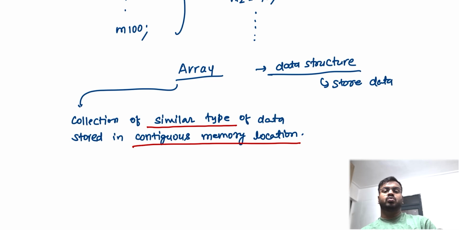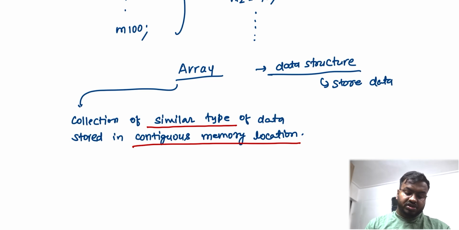It depends on you what size of array you initialize, and then you can store that many values in your array. So an array is nothing but a collection of similar type of data stored in contiguous memory allocation. Now two important points here: similar type and contiguous memory locations.